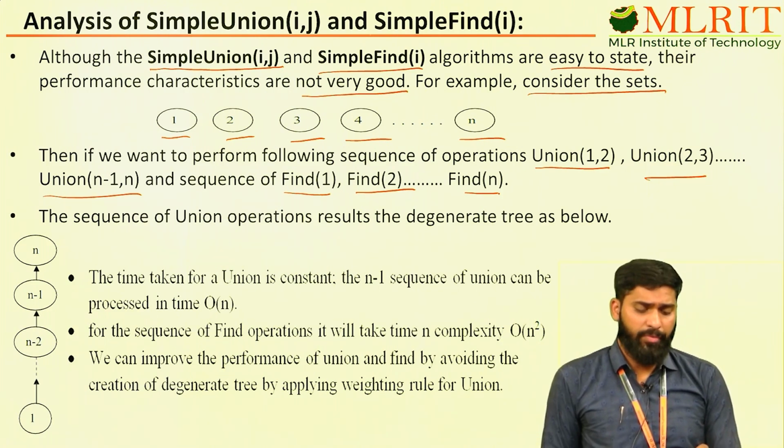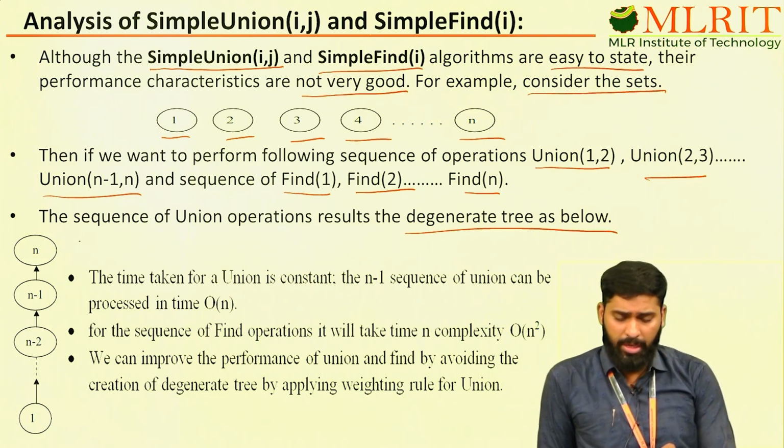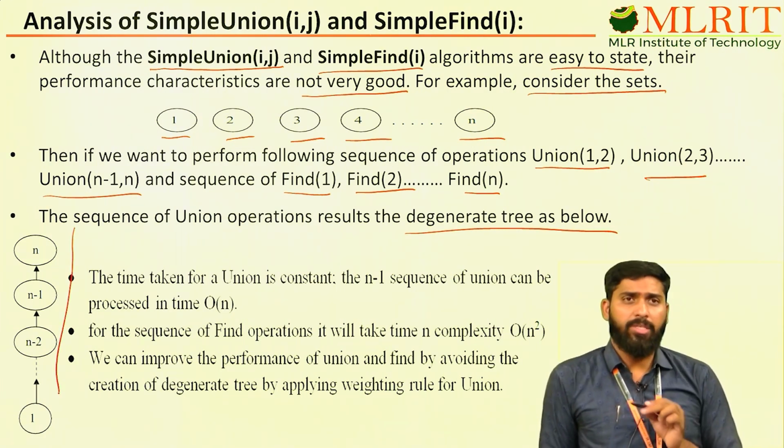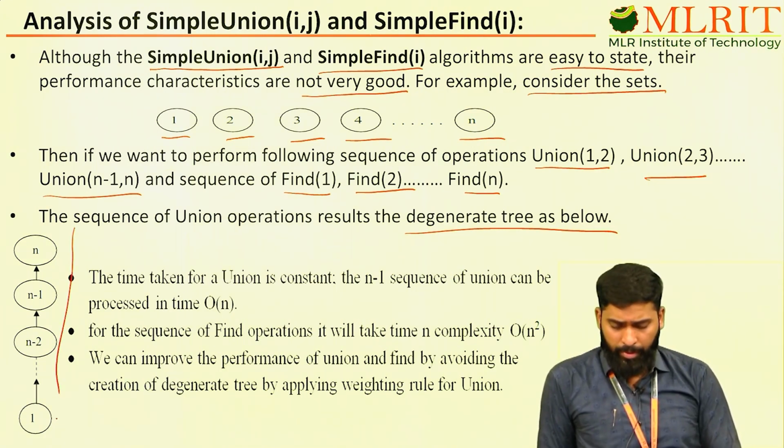The sequence of union operations results in a degenerate tree. This is the degenerate tree. A degenerate tree is where we start from set 1, set 2, set 3, set 4 until n.